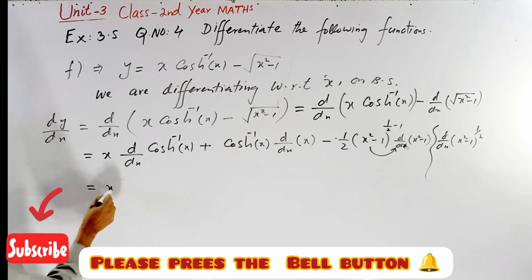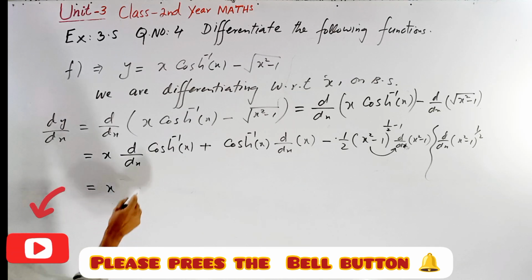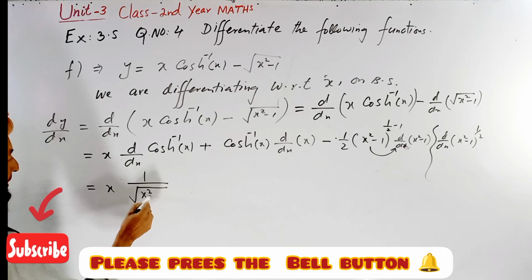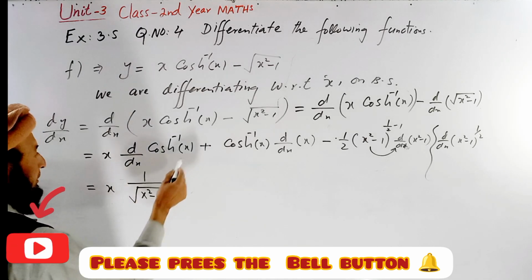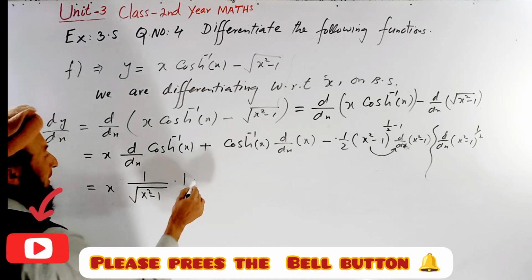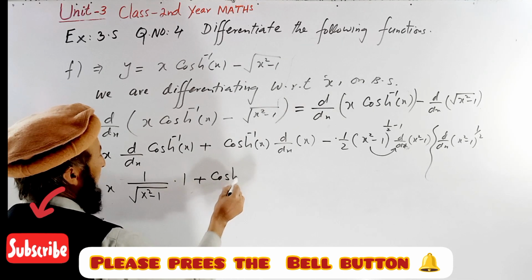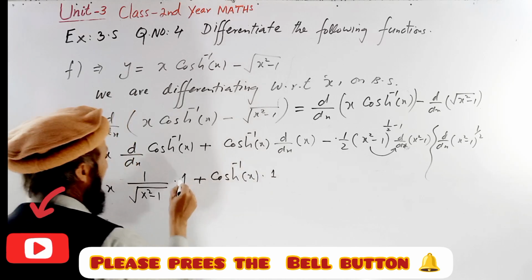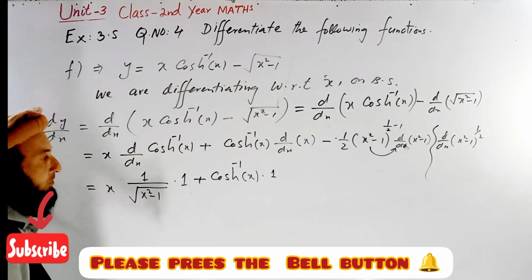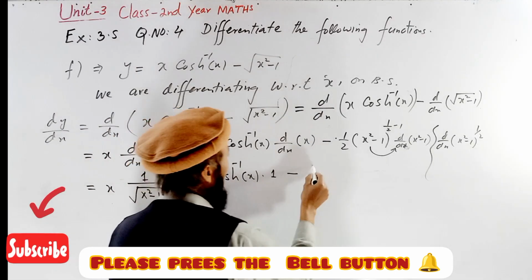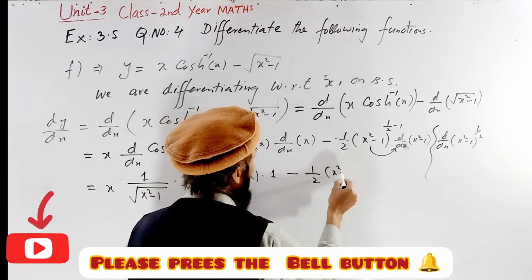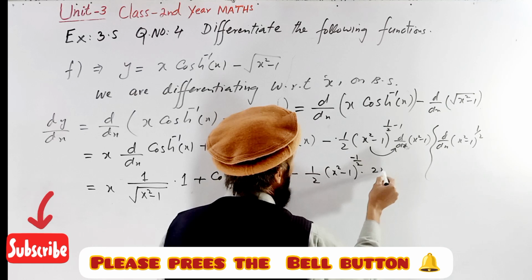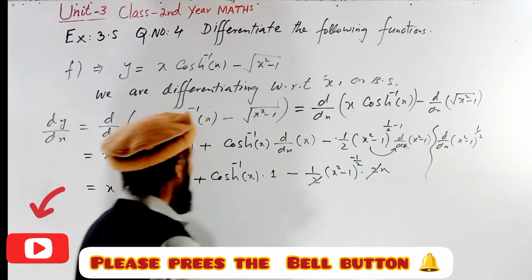Now x times the derivative of cos hyperbolic inverse x is equal to 1 divided by the square root of x square minus 1, and further the derivative of x is equal to 1, plus cos hyperbolic inverse x, and the derivative of x is 1, minus 1 by 2 times x square minus 1 to the power minus 1 by 2 and derivative 2x. 2 and 2 are cancelled.